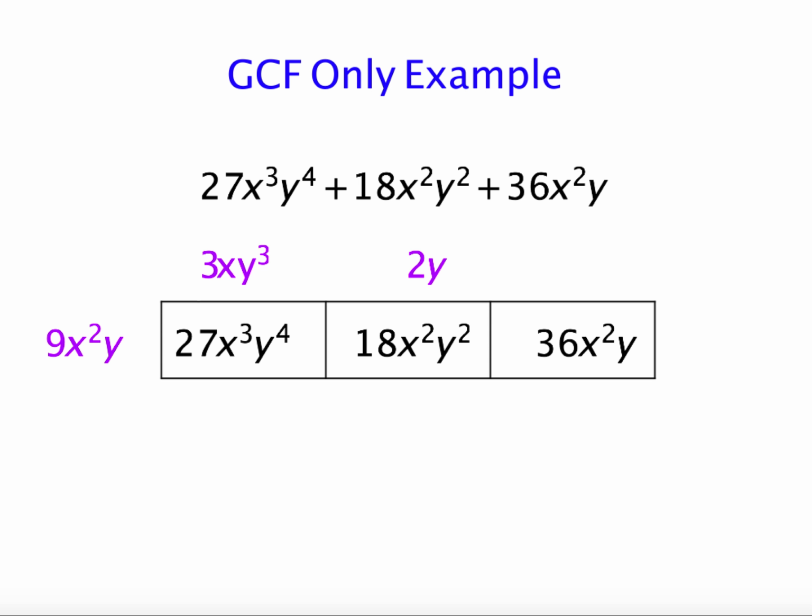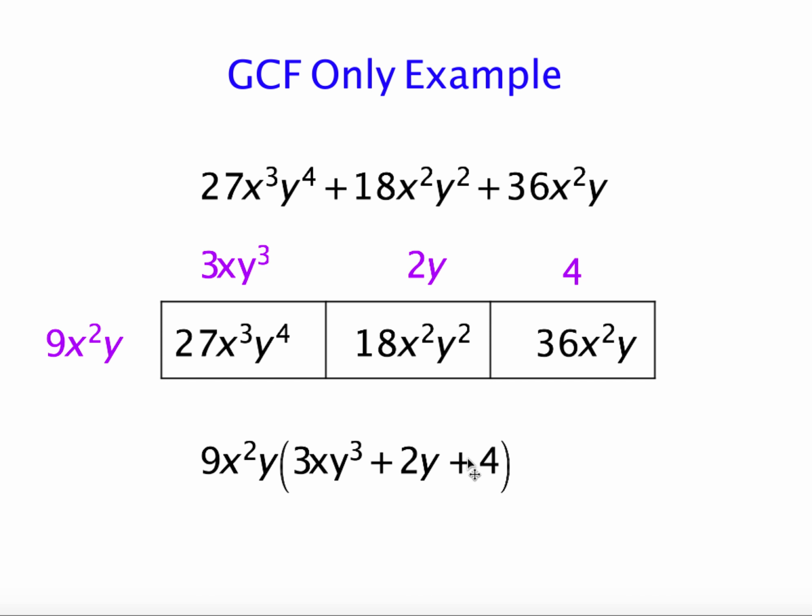And then here, what times 9x squared y gives you 36x squared y? And that's just 4. You don't need to be writing this on your worksheet because you probably do not have space. So this box method, working backwards from our multiplication problem, gives me the factored form of my trinomial, with one factor being this dimension and the other factor being this dimension, 3xy to the third plus 2y plus 4.